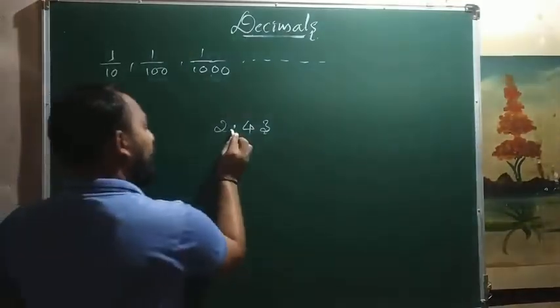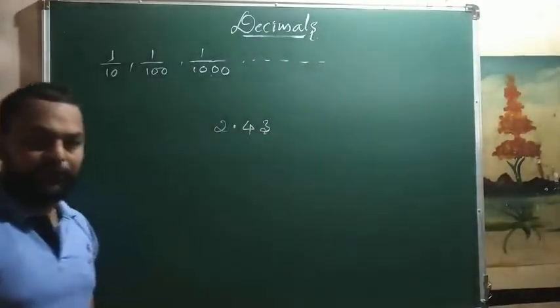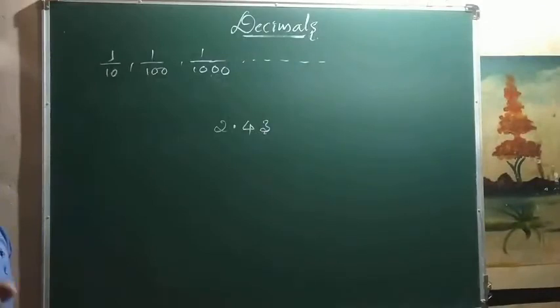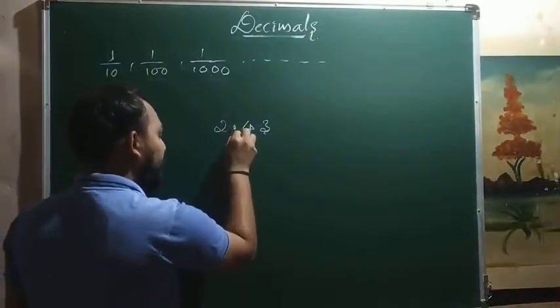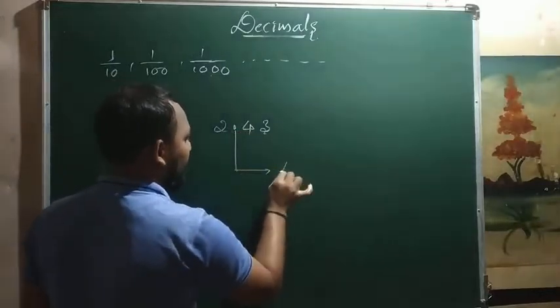Here 2.43 is a decimal number. This point indicates the decimal point.